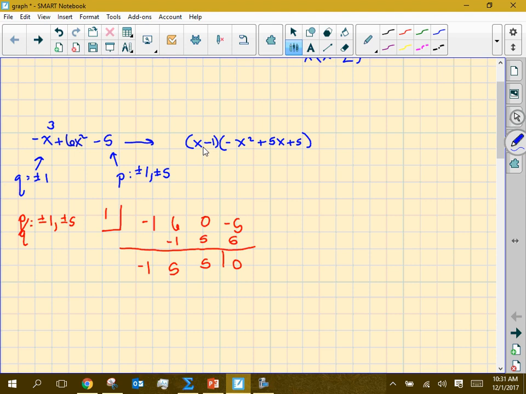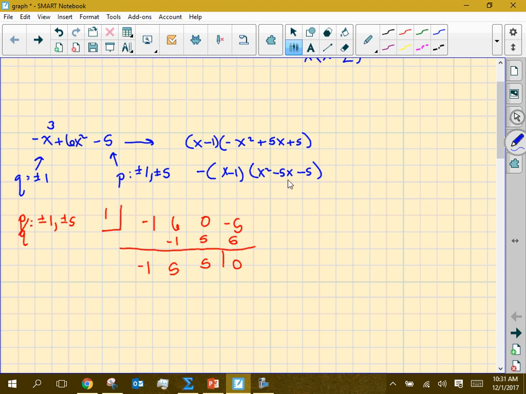Now, if you're a person that likes to deal with factoring this trinomial with a being positive, you may want to take that negative out front of everything and go the opposite of x minus 1, and then rewrite this as x squared minus 5x minus 5. Now you start thinking, what numbers will multiply together to give me negative 5 and add to give me negative 5, and there aren't any that really do that.